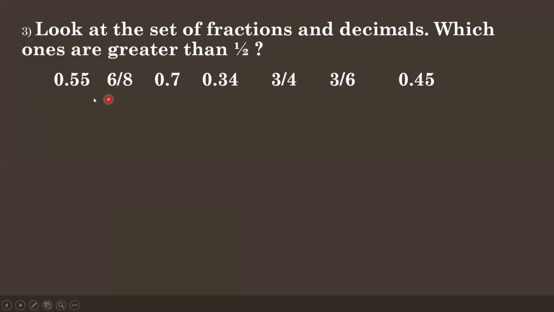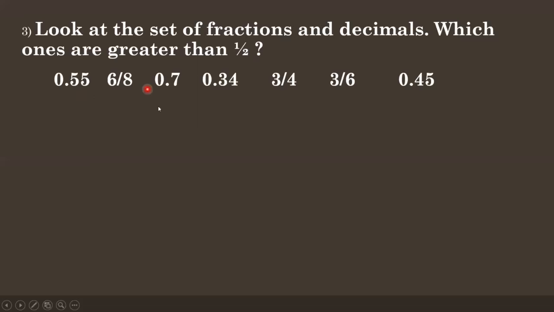It is a mix of fractions and decimals. This 1 by 2 is a fraction. In decimal form, when you divide 1 by 2, you get 0.5.